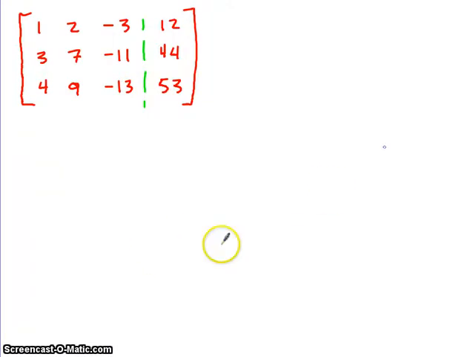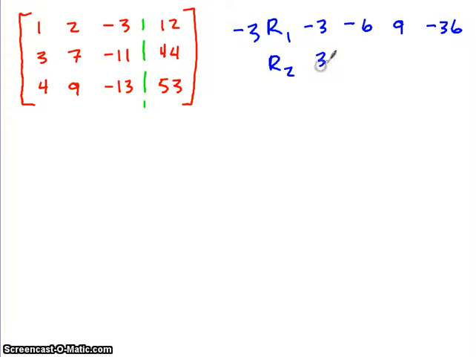we're going to go ahead and try and get a 0 in this spot first. And so we're going to add row 1 and row 2 together. So I'm going to add row 1 and row 2, and I'm going to multiply row 1 by a -3. So that's going to give a -3, -6, a 9, and then a -36. We're going to add that to row 2, which is 3, 7, -11, and 44.